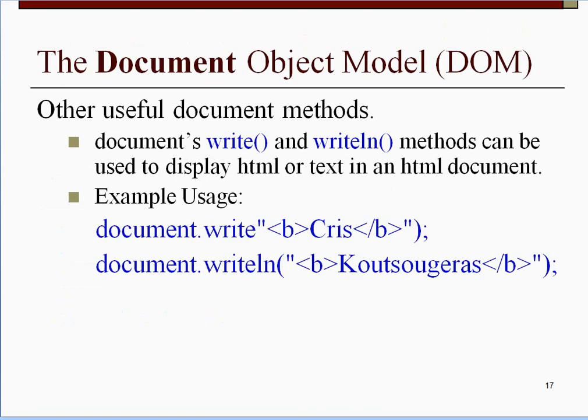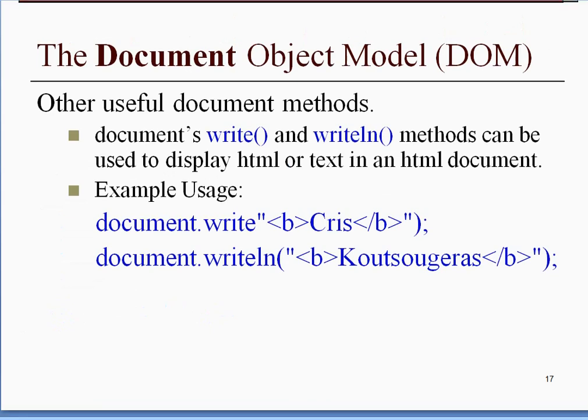Other useful document methods. The document write and writeln methods can be used to display HTML or text in an HTML document. In fact, these statements will insert whatever argument is given to them into the current HTML document.